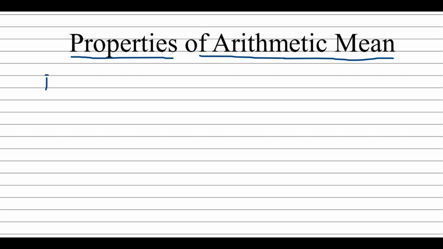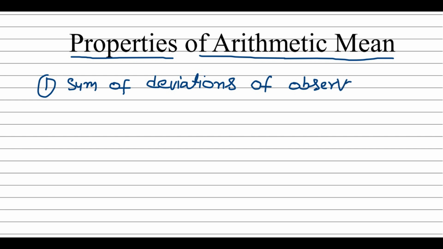So the first property is that the sum of deviations of observations from their mean is 0.